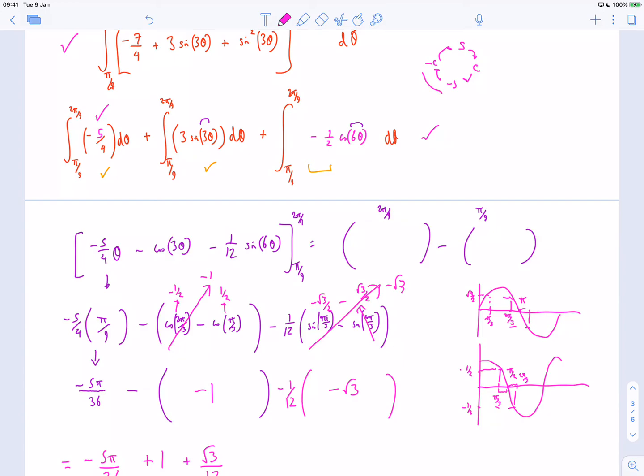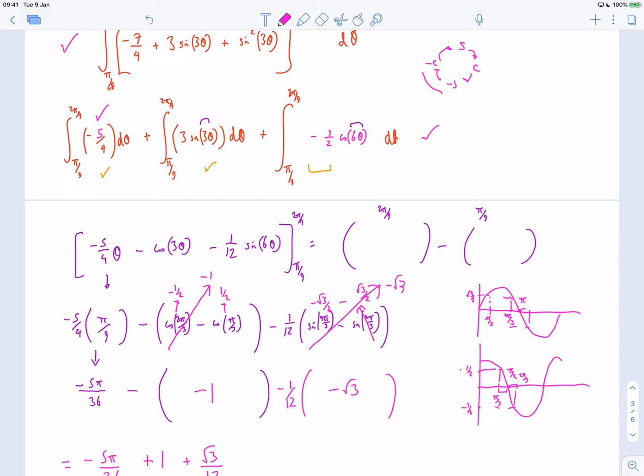Let's get my angles in radians. So what am I saying? Really? Cosine of 2 times pi over 3. That's definitely minus half.